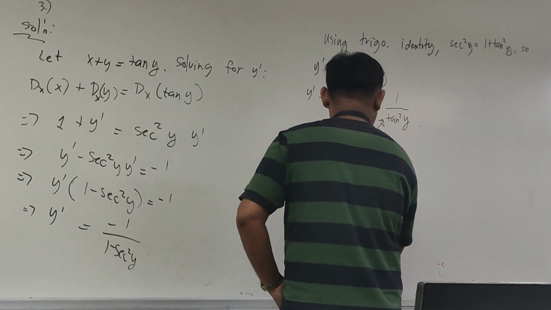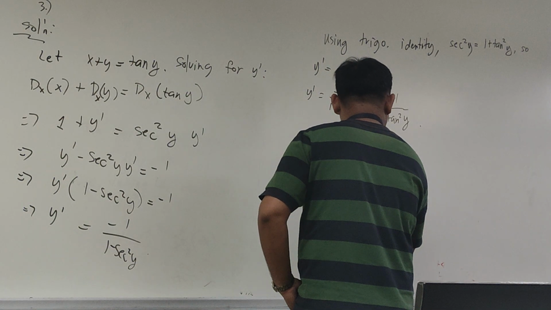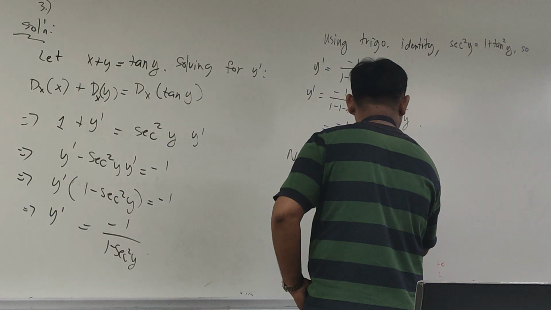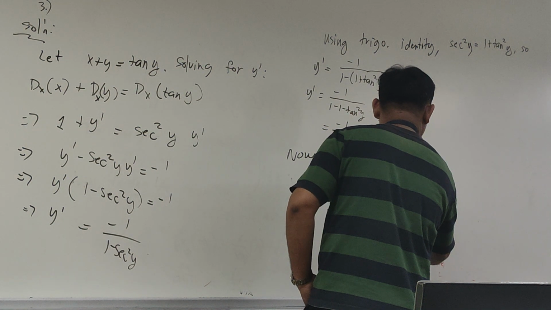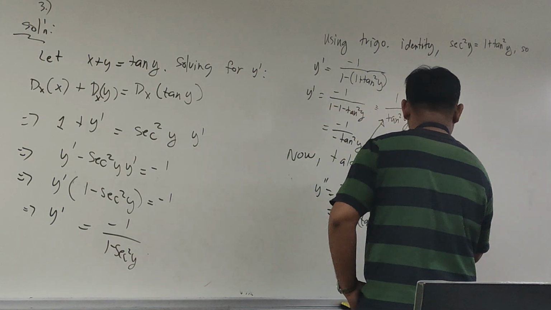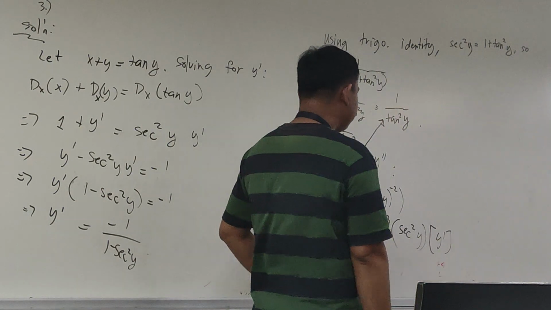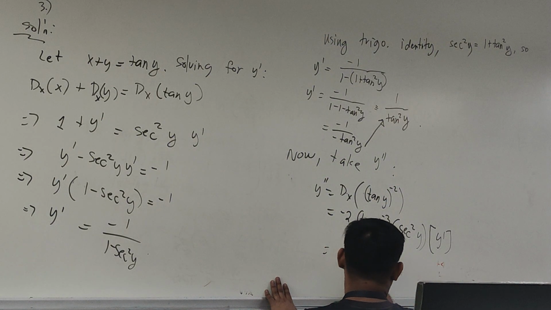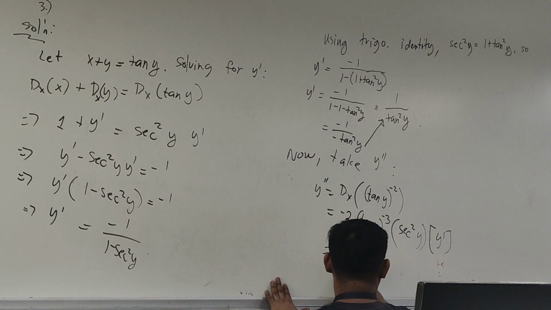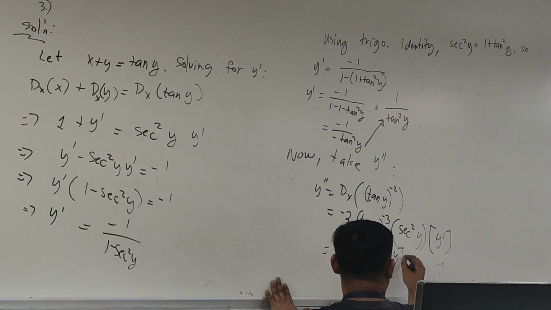So this is negative 2 secant squared over tangent cubed y, and then we have secant squared y.